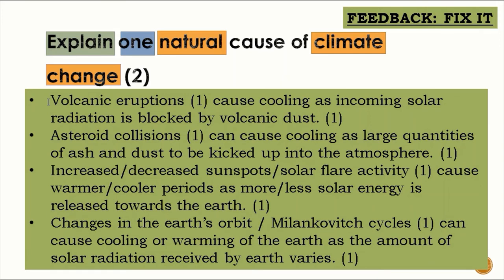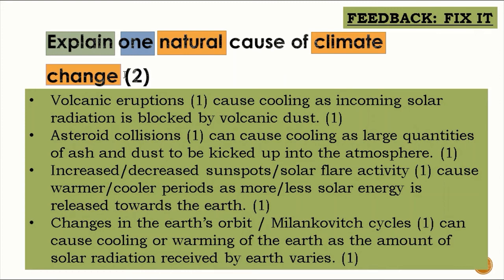So if you've written volcanic eruptions, that is 1 mark. If you wrote asteroid collisions, that is 1 mark. If you've written about sunspots or solar output, that's 1 mark. If you've put changes in the Earth's orbit or eccentricity, that is your mark. However, you can only get 1 mark for stating one of these, because in our question it's asking you for one of your natural causes. So if you give yourself a mark for that now for me.